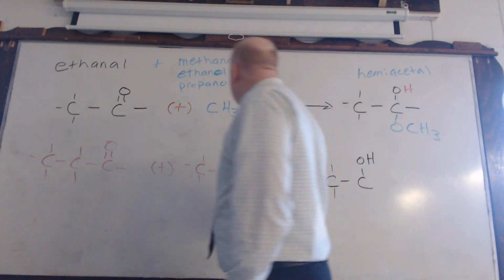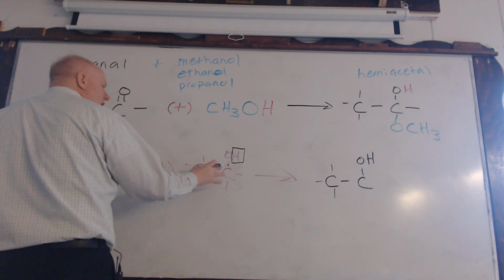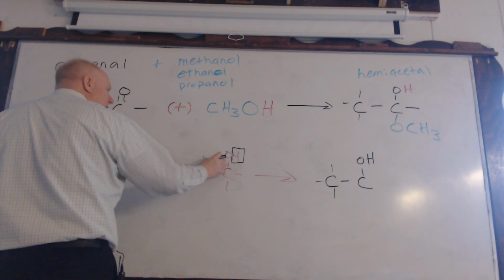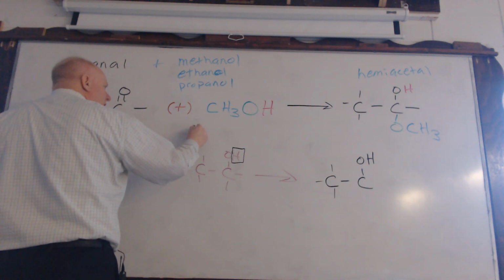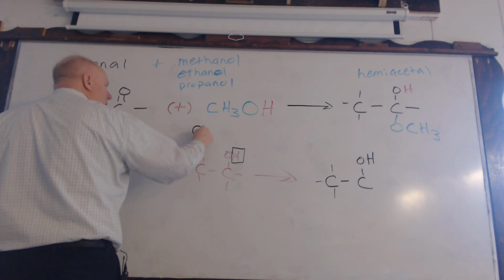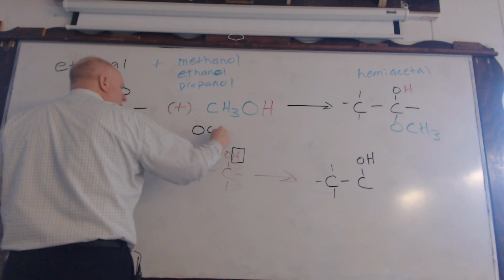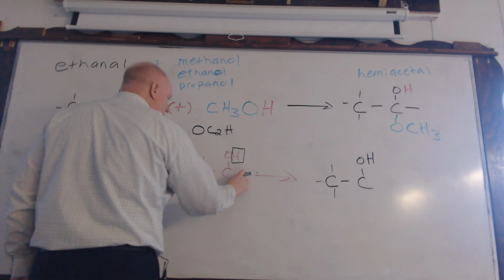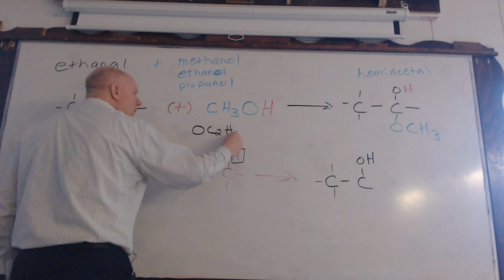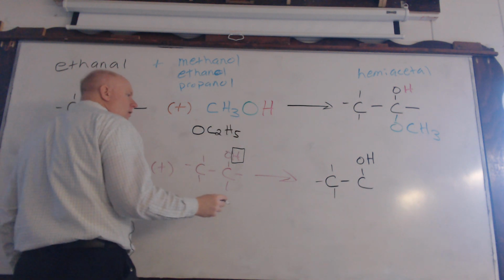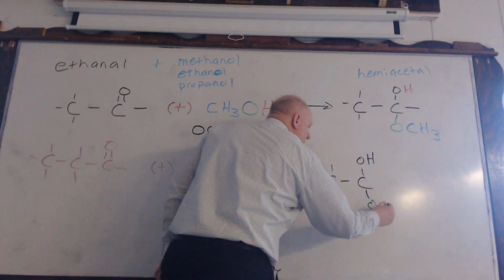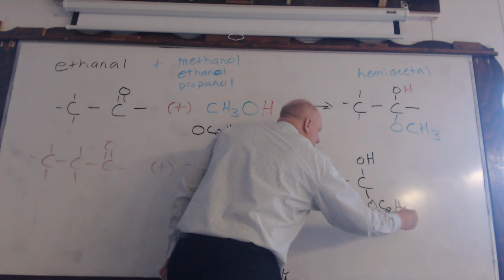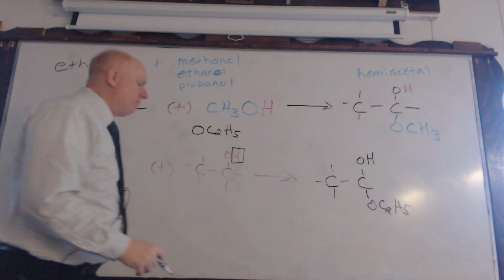So then what we would see happening is you can write it like this, or I heard someone saying OC2H what? 5? 1, 2, 3, 4, 5. Okay? Then that's what we get attached here.